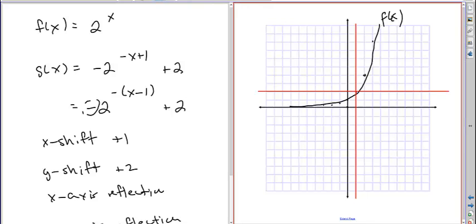Now, as far as plotting the points, notice here we went up 1, so we're going to go down 1 here. Then normally we would go right 1 up 2. So what we're going to do here is go left 1 down 2. Normally we go right 2 up 4.